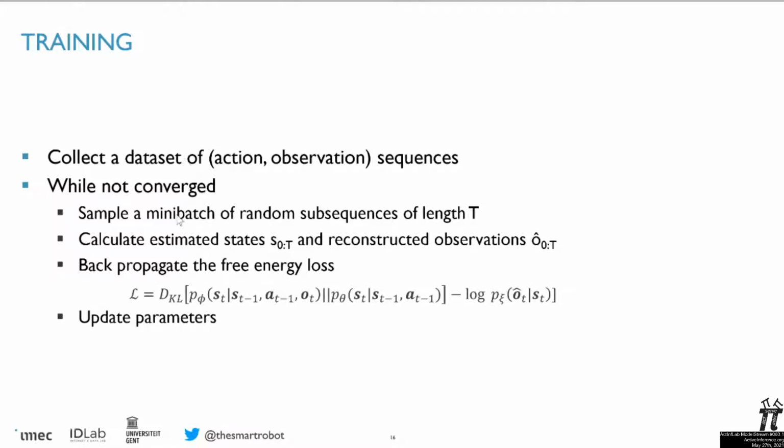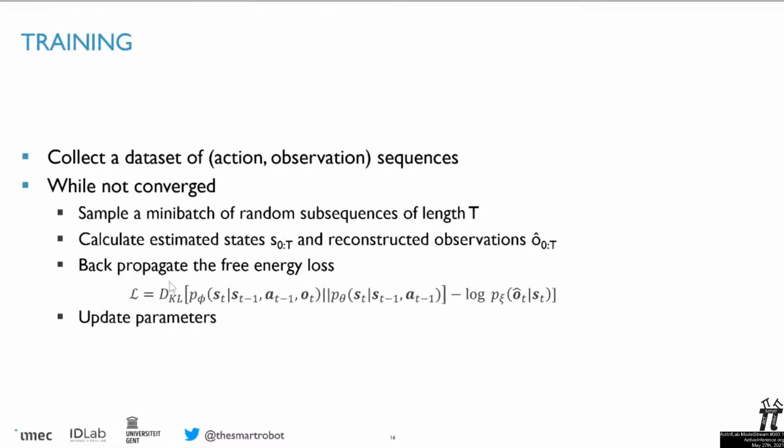And while the models are not converged, you sample some subsequences from your data sets. You estimate the states that are visited and you reconstruct all the observations. And then you basically backpropagate the free energy loss.